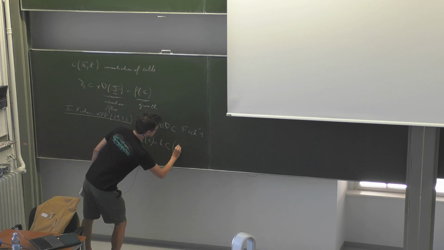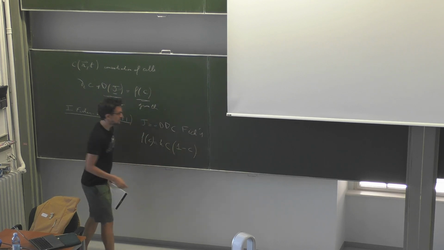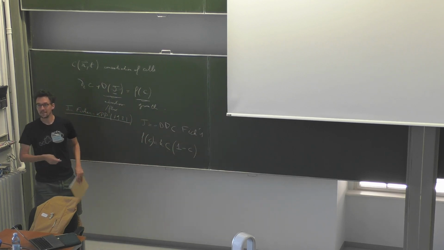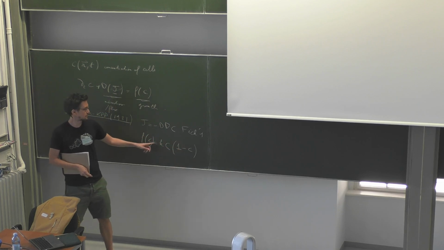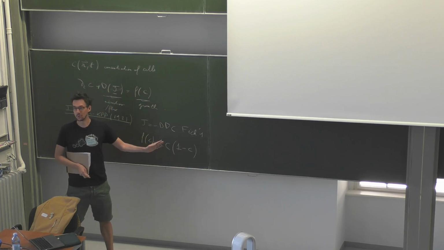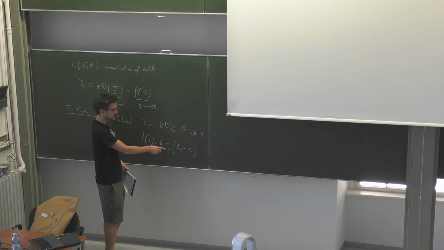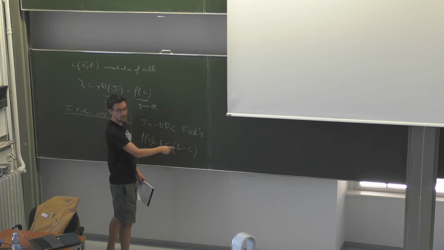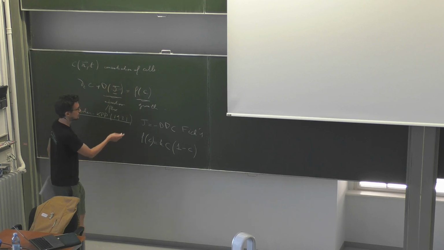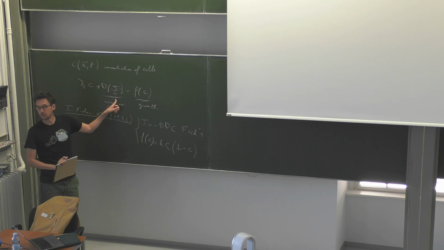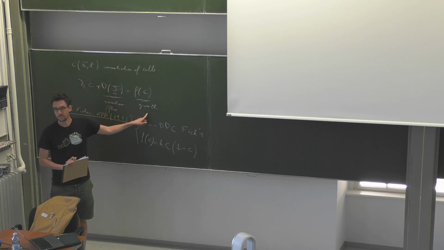So the simplest thing to do is to write the next term in the expansion, which is a carrying capacity, where cells stop growing after a certain amount. What this tells you is that when cells have a low density, C close to 0, you grow at a rate K, and cells stop growing when they're at a concentration of 1, right? So this is a really simple model where you've made two super simple choices for your flux and for your growth.